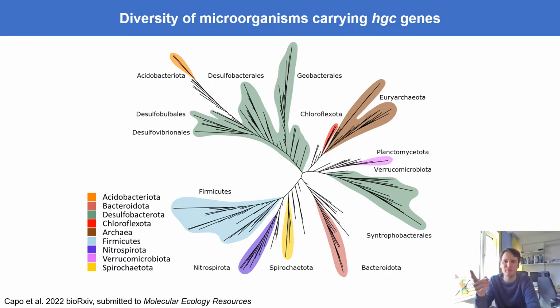Also a group of Euryarchaeota, close to Chloroflexota. Those two groups, one is Archaea and the other is Bacteria. They share similarity in the hgc genes they found. So Elizabeth McDaniel and colleagues suggested horizontal gene transfer between those two groups. So we have this diversity of microbes.